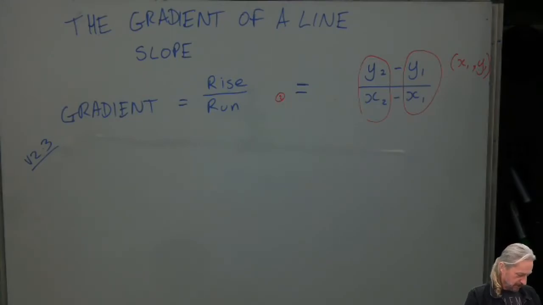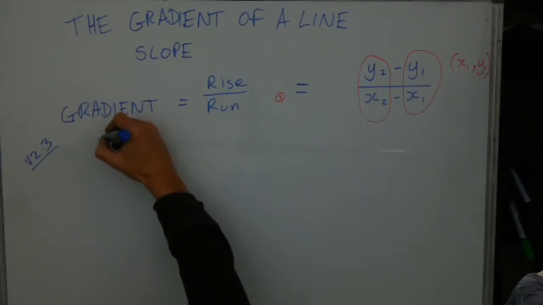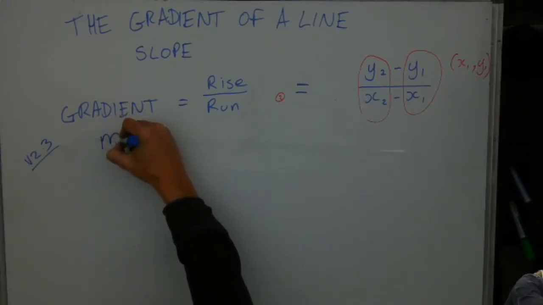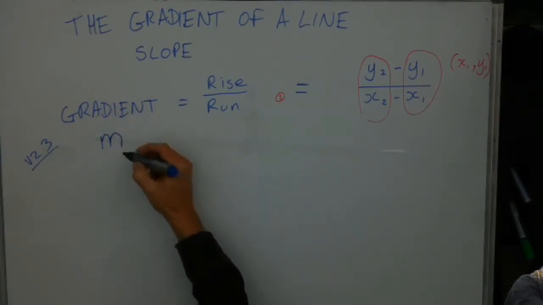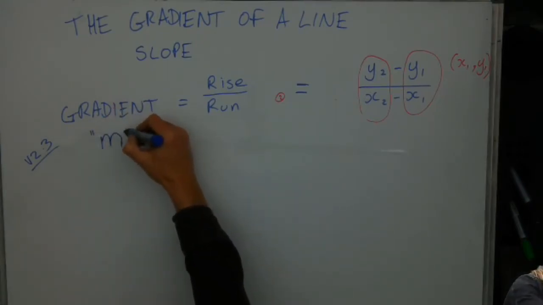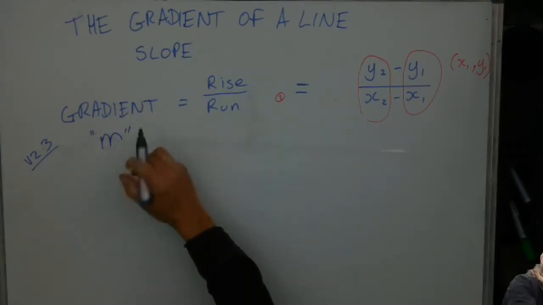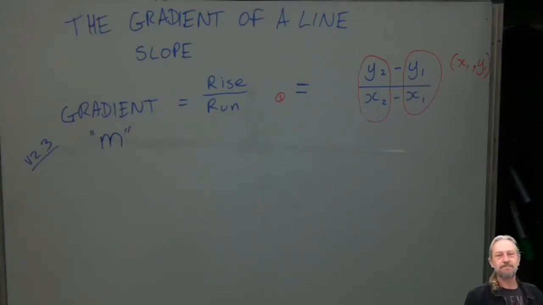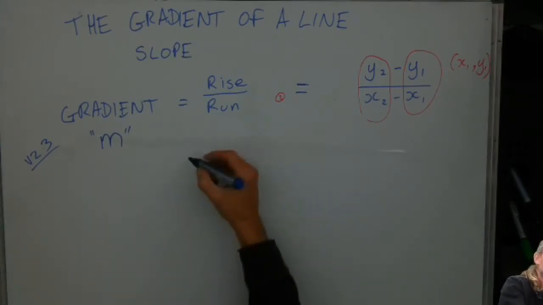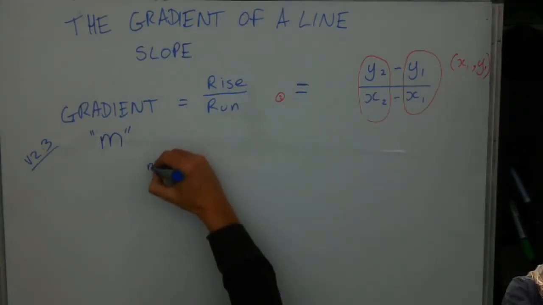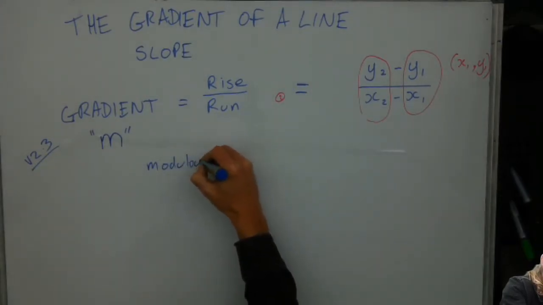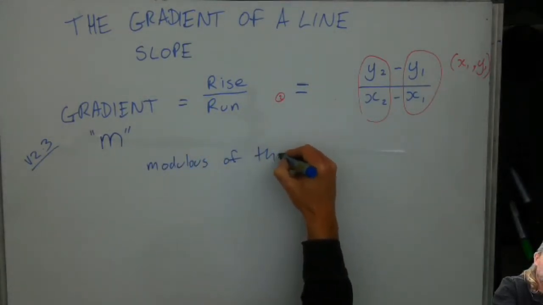It's probably also worth mentioning that the gradient, when we write it down as a symbol, although they use A in the book, by convention it tends to be called M. It's my understanding, although some mathematical historians would disagree, that this m stands for the modulus of the gradient.